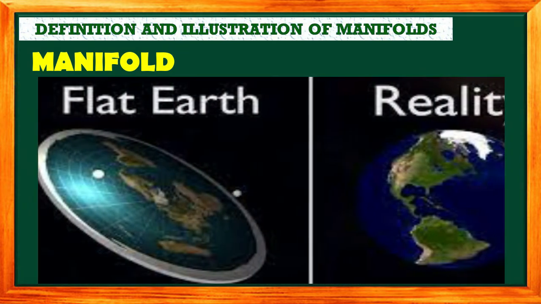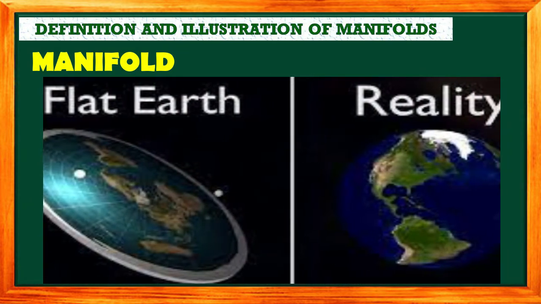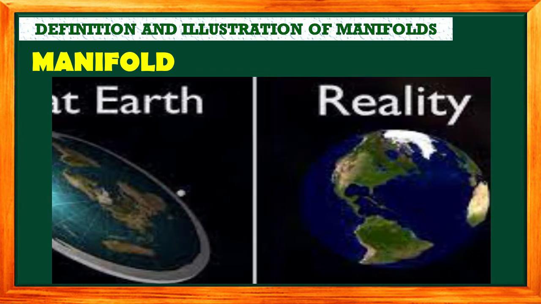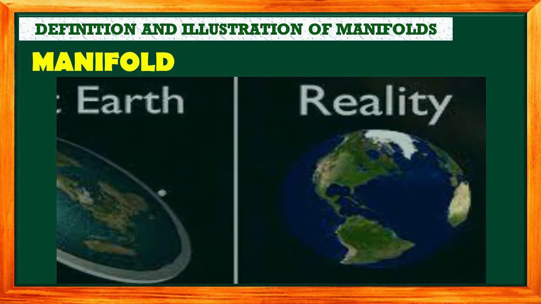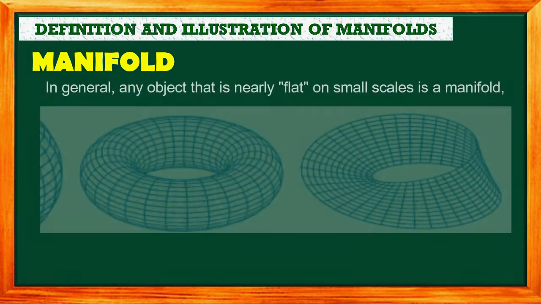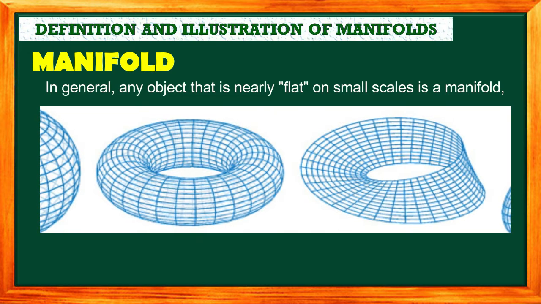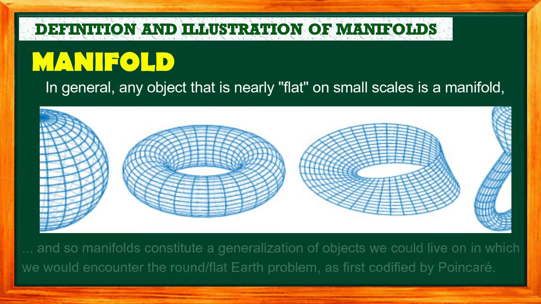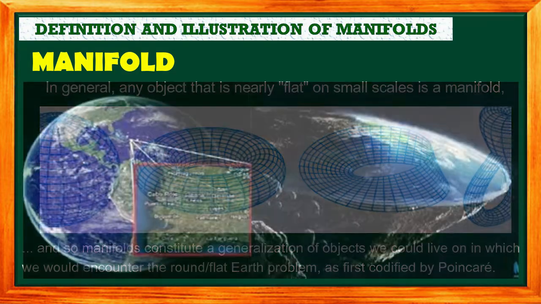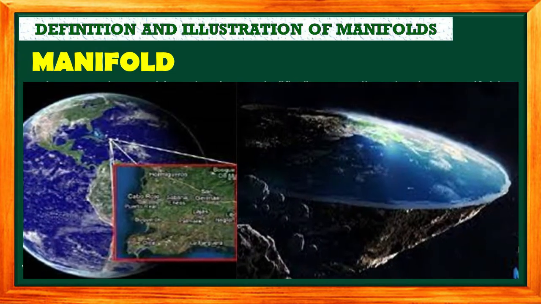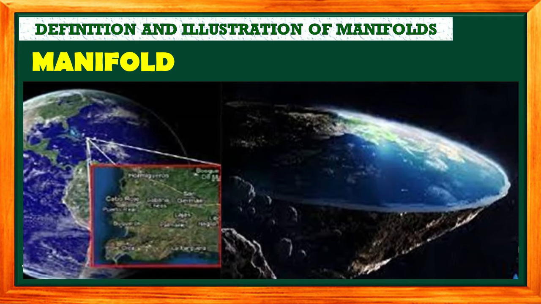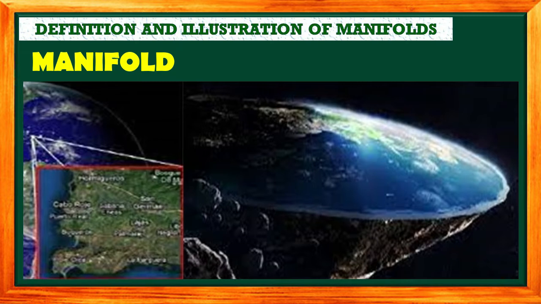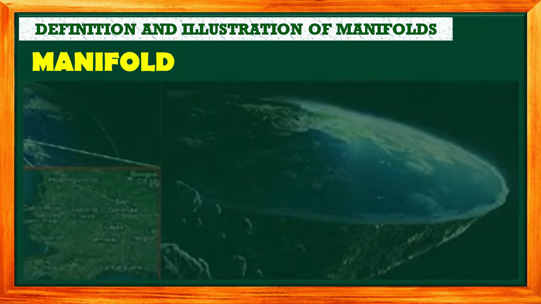The discrepancy arises essentially from the fact that at the small scales that we see, the Earth does indeed look flat. In general, any object that is nearly flat on a small scale is a manifold, and so manifolds constitute a generalization of objects we could live on in which we would encounter the round or flat Earth problem as first codified by Poincaré.